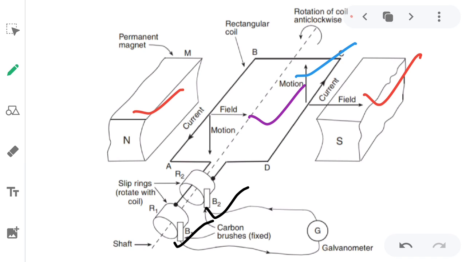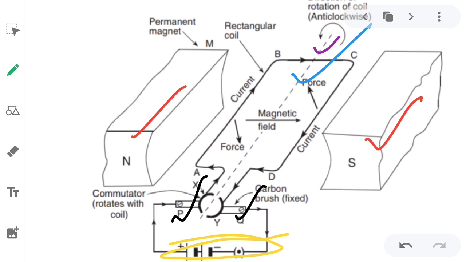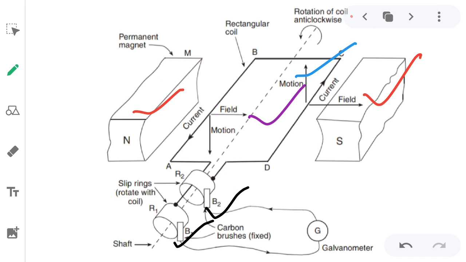See, completely opposite of motor. In motor, electrical energy was being converted into mechanical energy. Here, mechanical energy is being converted into electrical energy.